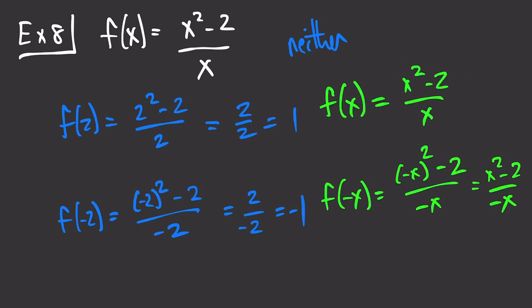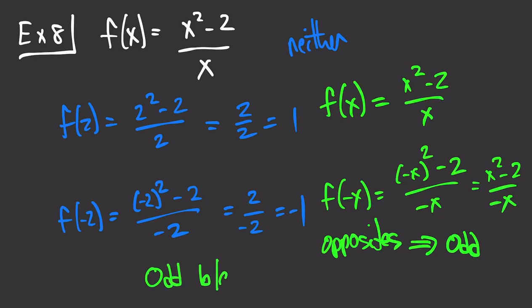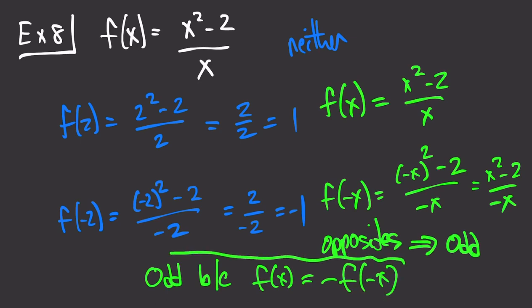So these are indeed opposites. Therefore, my function is odd. Okay, so I would say again here, it's odd because f of x equals the opposite of f of negative x. And everything that we have here in green would be the required work.